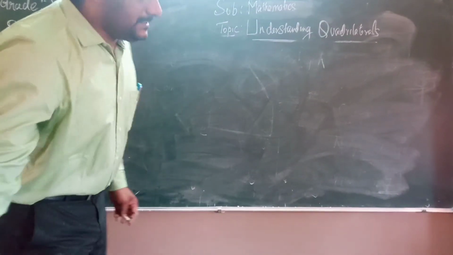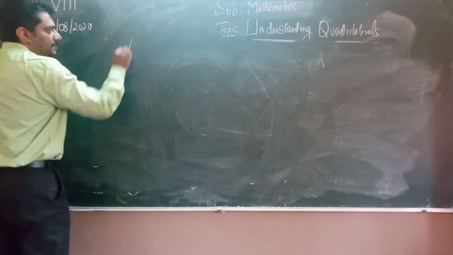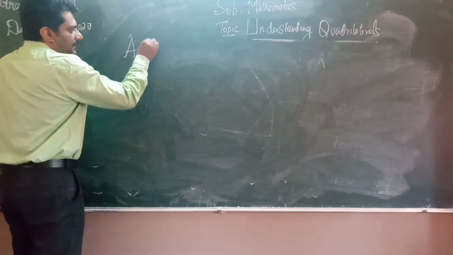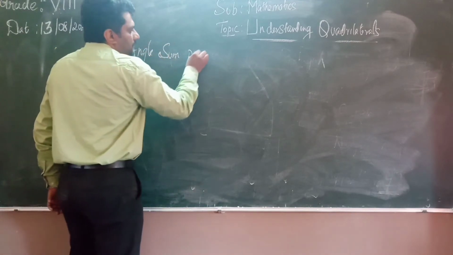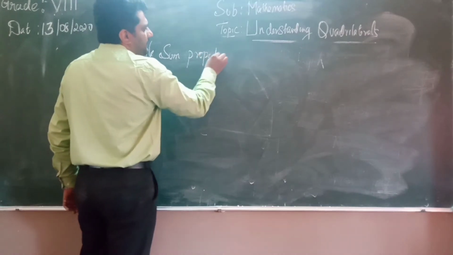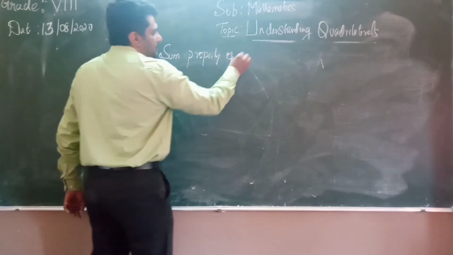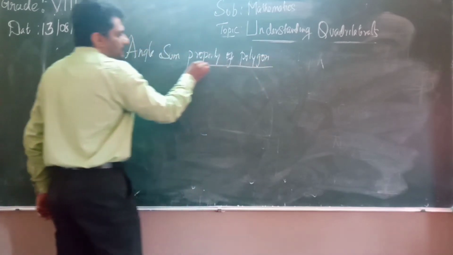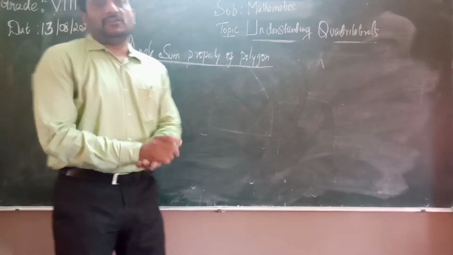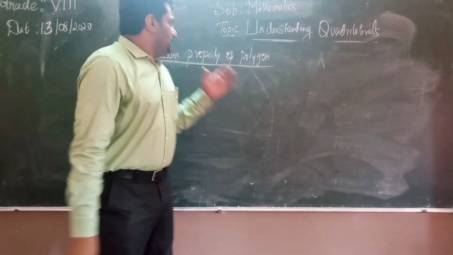Now the next one is the angle sum property of a polygon. What does this mean?